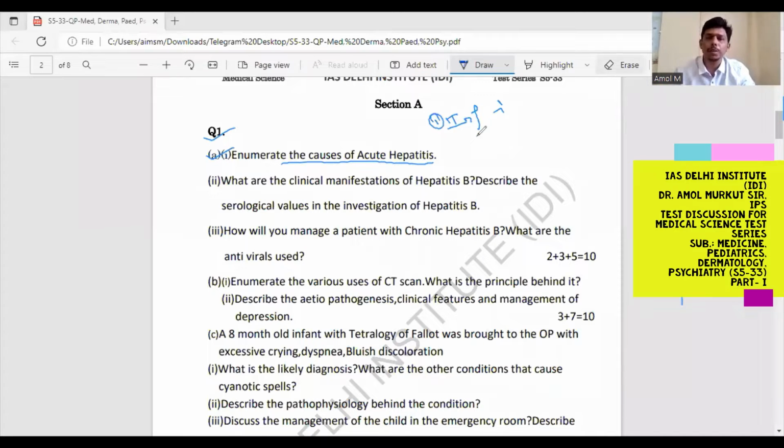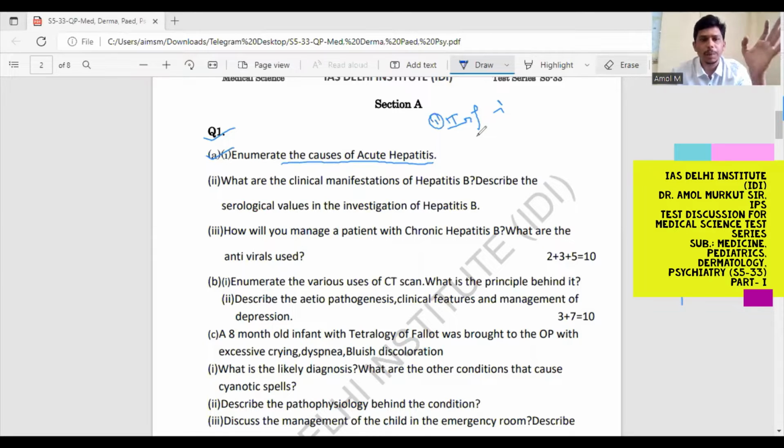So you have to see infectious causes first, then drug-induced or toxin-induced second, then third is alcoholic, then fourth is non-alcoholic steatohepatitis. In infectious, there are viral causes, bacterial causes, or parasitic. But the most important and most common is viral. And which viruses?